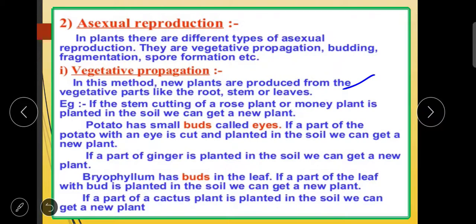And you know what? Bryophyllum has buds in the leaf. What is bryophyllum? It is also a kind of plant which has buds in the leaf. If a part of the leaf with a bud is planted in the soil, we can get a new plant. Another example is the cactus; if a part of it is planted in the soil, we can get a new plant.